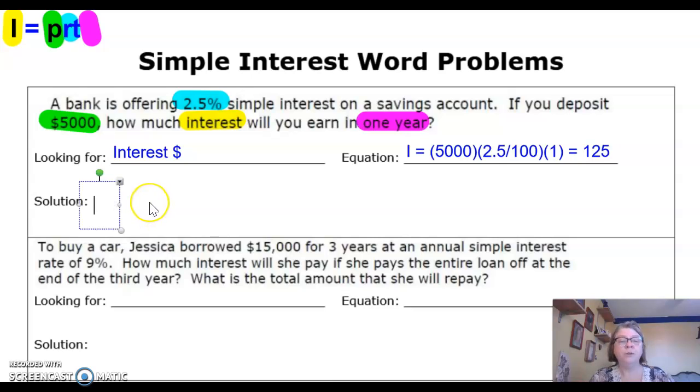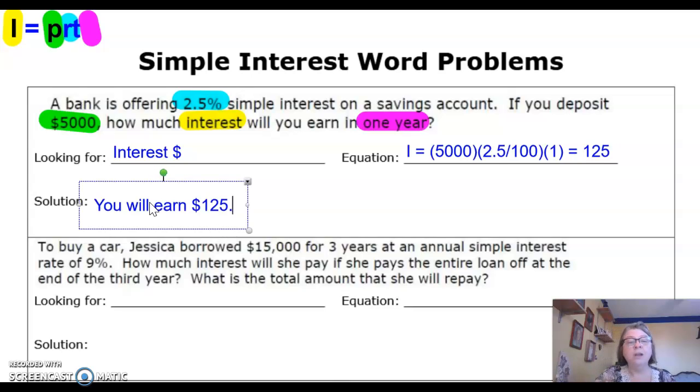How much interest will you earn? You will earn $125, which is pretty good. So you take that $5,000, you do nothing with it, but you put it in the bank, and you get $125 for putting it in the bank. That's not too bad. You didn't do anything, and your money earns money. That's the idea of interest, right?